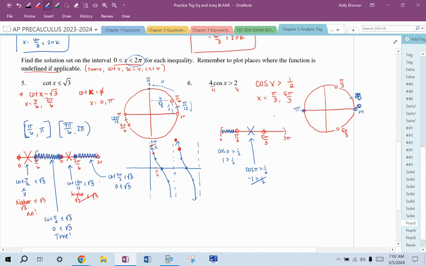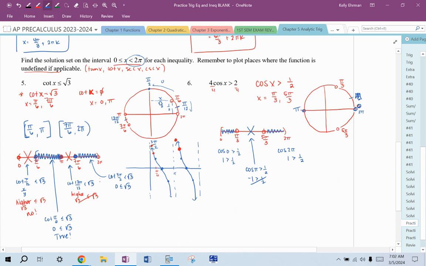And by the way, if you would have picked pi over 2 or 3 pi over 2, 0 is also not greater than 1/2, so same conclusion. And again, I could pick the pi over 4 angle here, the pi over 6, or I'll just do 2 pi again. Cosine of 2 pi is 1, which is greater than 1/2. And so I'm shading this section as well.